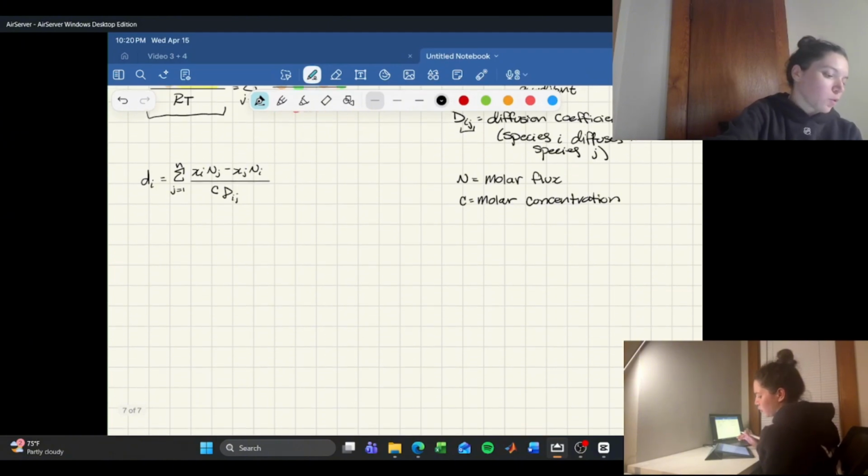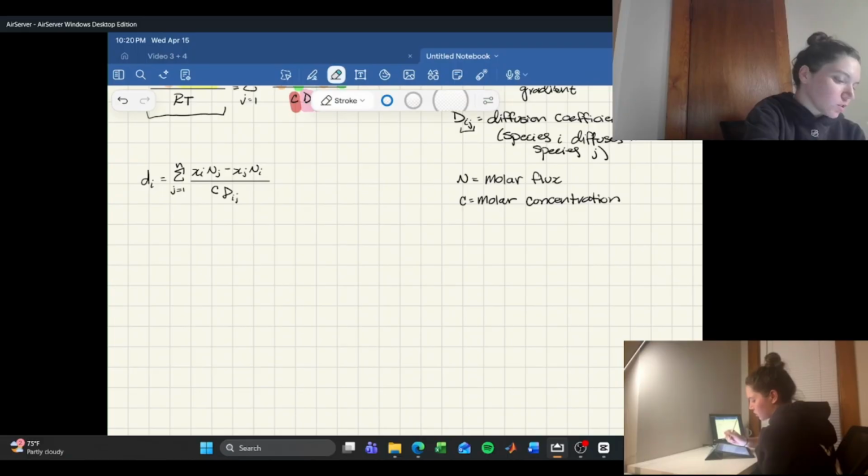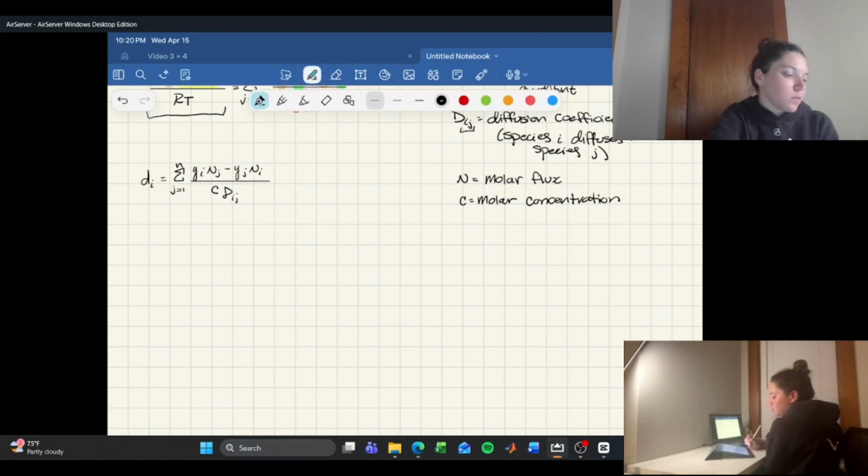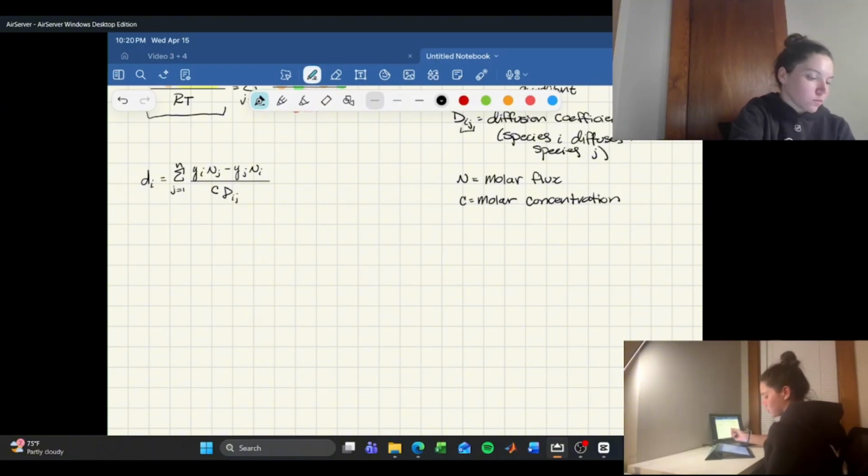First, I'm going to change these x's, the mole fractions, to a y instead, because we're going to be looking at this as a vapor instead of a liquid. So the x's represent the mole fraction of a liquid, the y's represent the mole fraction of a vapor. I just changed those, but the whole equation is still the same, it still means the same thing.